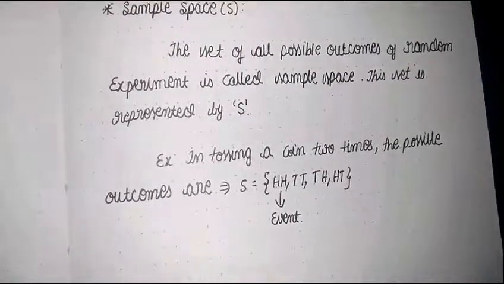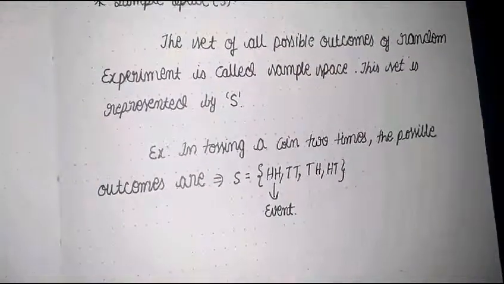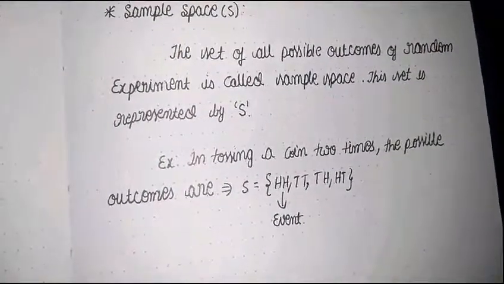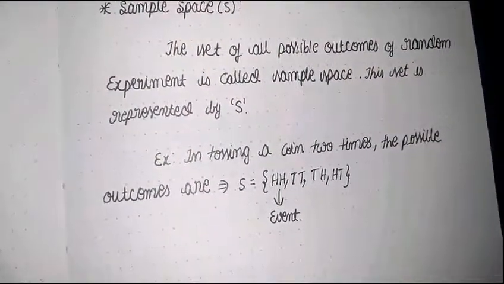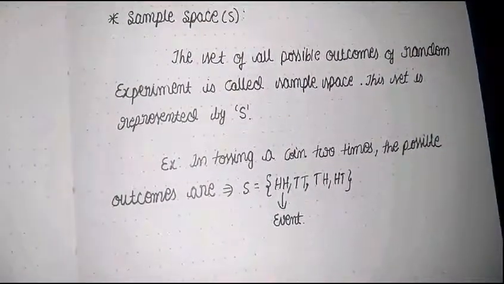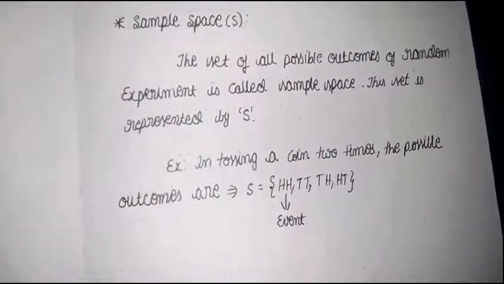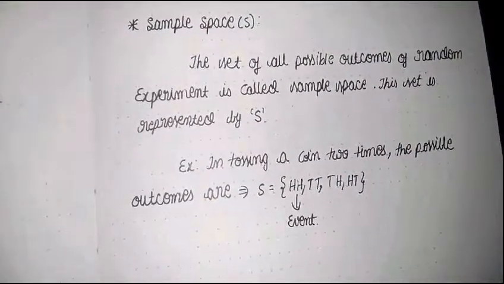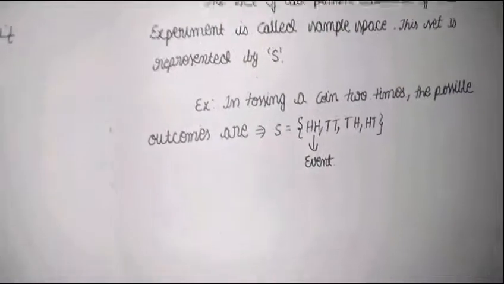The set of all possible outcomes of a random experiment is called the sample space. That means each outcome present in a random experiment can be listed together, and that is nothing but the sample space.